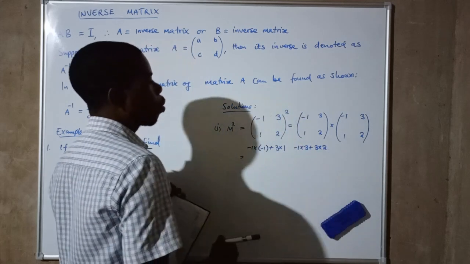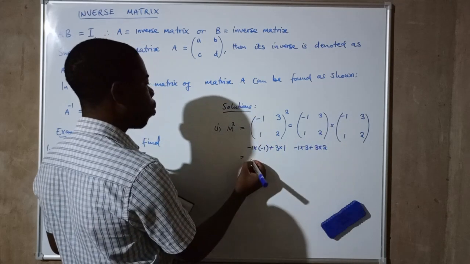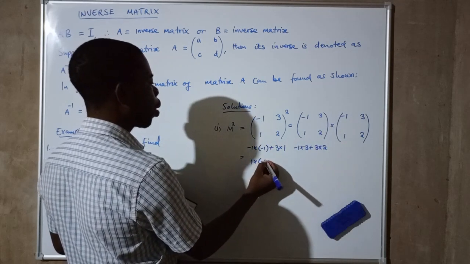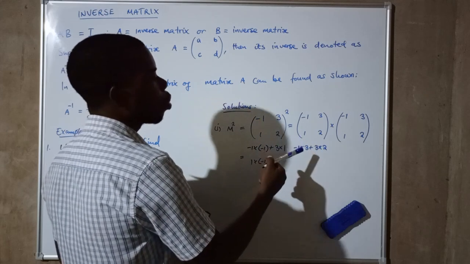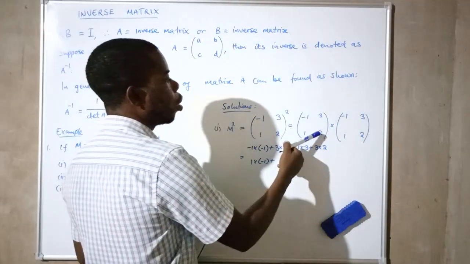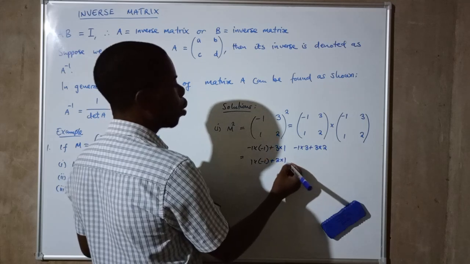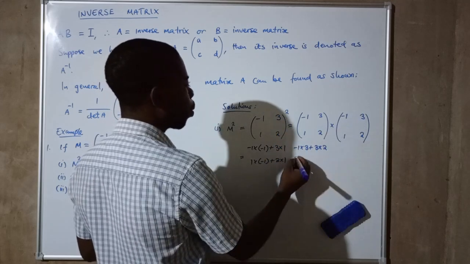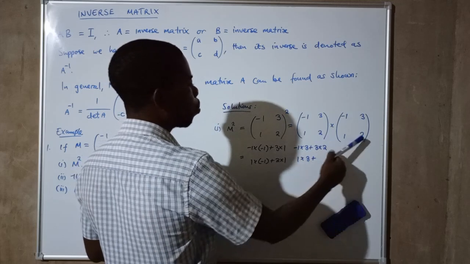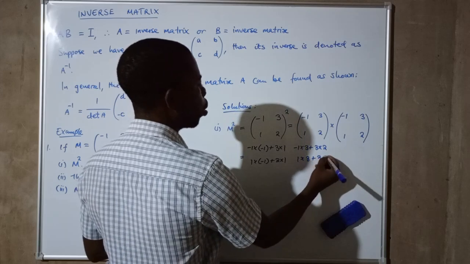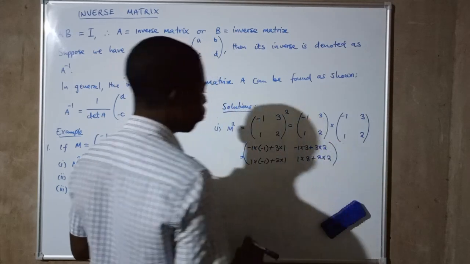Then you come to this one, 1 times negative 1 plus 2 times 1. Then 1 times 3, then plus 2 times 2. We'll close like that.